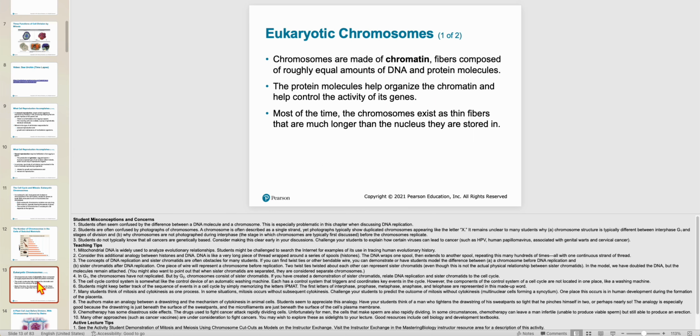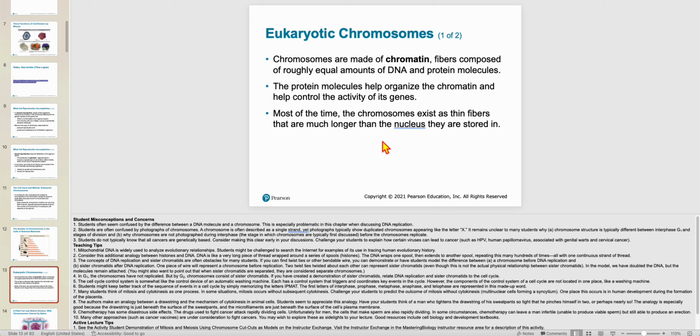Okay, next slide. Now this I've already said before. I'm saying it again because you can see I'm repeating certain themes over. So chromosomes are typically made out of chromatin. Chromatin is simply unraveled chromosomes. And when do I see chromatin? When the cell is not dividing.